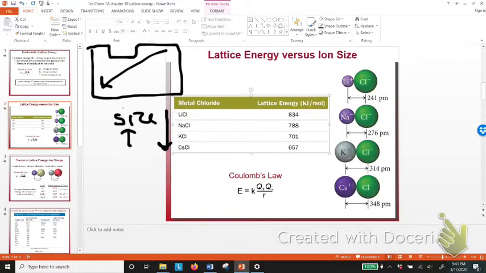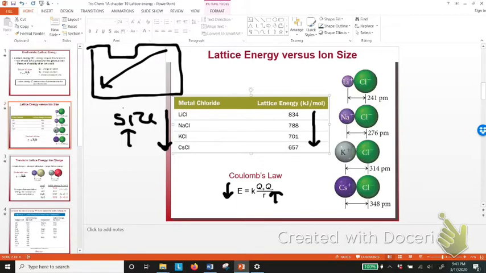Now once again, based on Coulomb's law, if you increase the radius, because it's in the denominator, that should decrease the lattice energy. And that's exactly what we see in this trend: as the atoms get larger, the lattice energy gets smaller. You can also see it in the pictures over here.